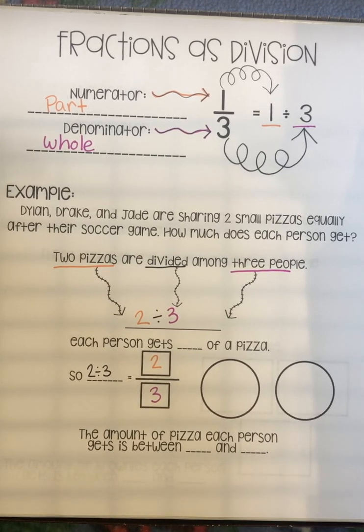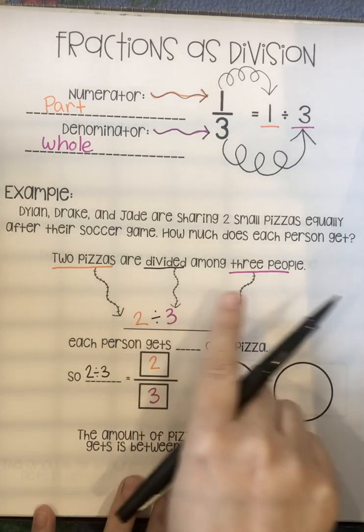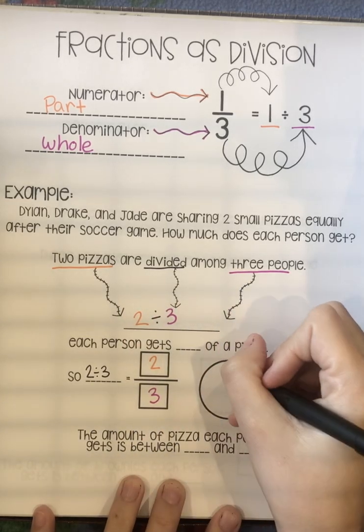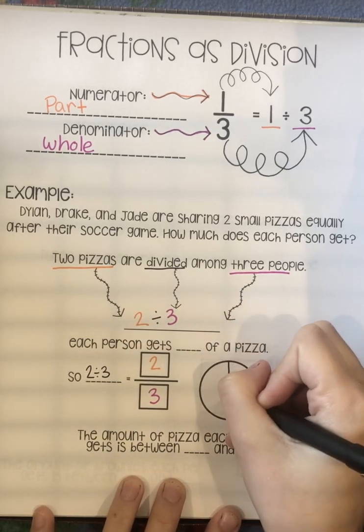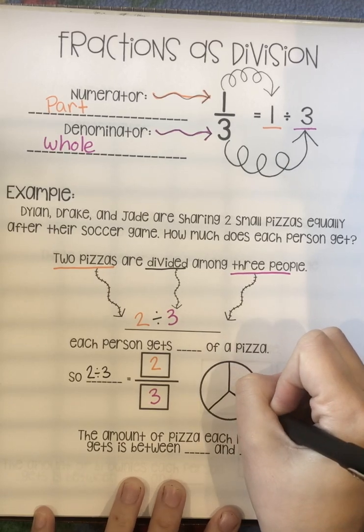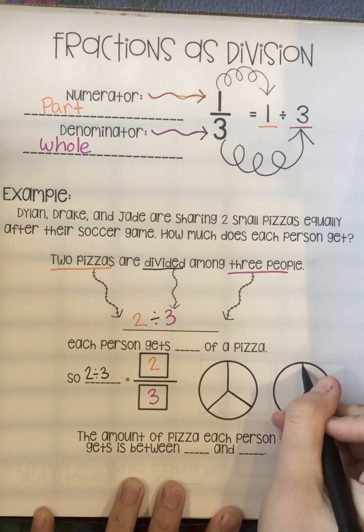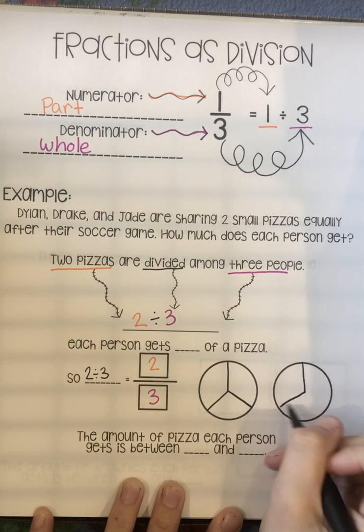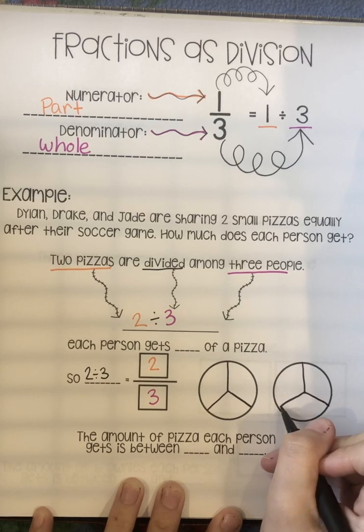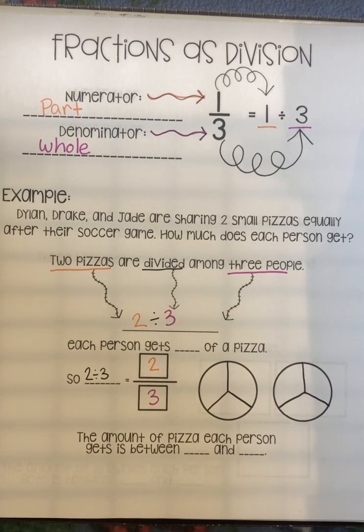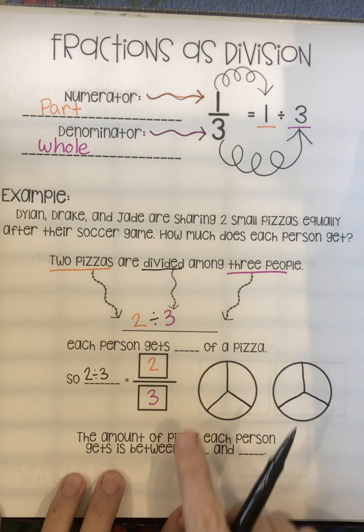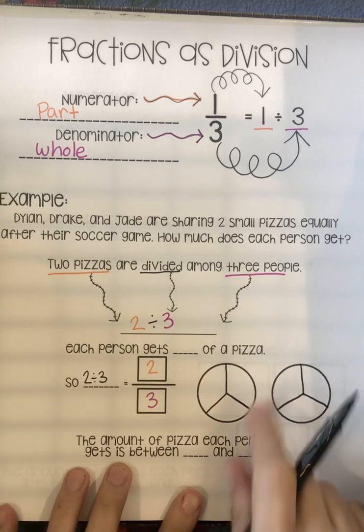So let's model this. We know that there are 3 people, so we have to divide our pizzas into 3s. Dylan is going to get 2 pieces.